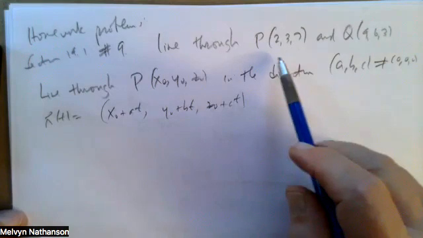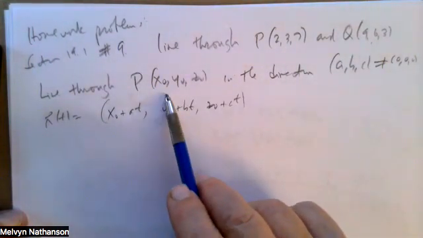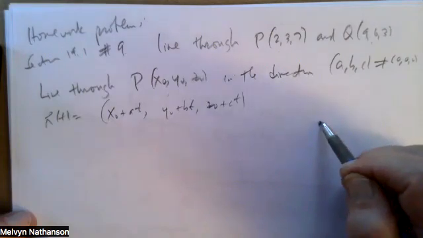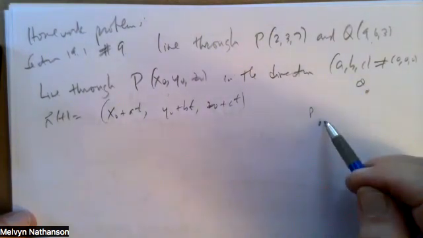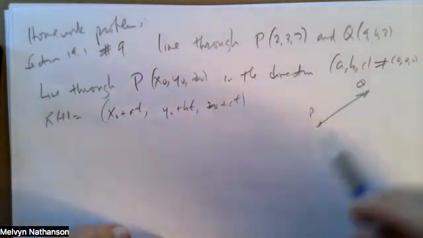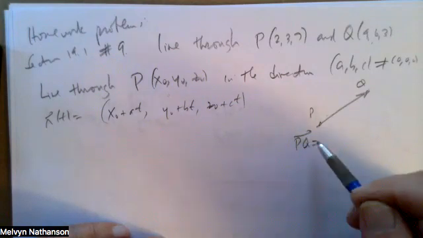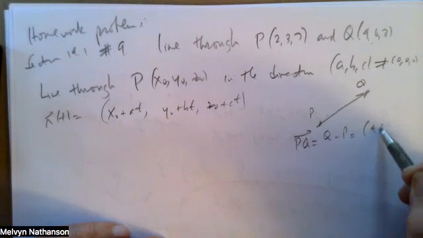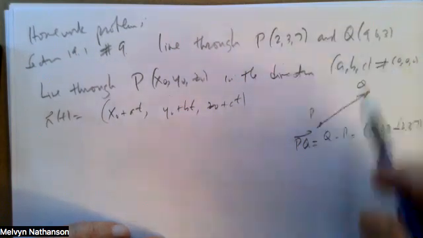Now, in this problem, we have 2 points we can choose as the point through which the line passes, but we don't have the direction. But because we have 2 points, this is the point P and this is the point Q, the line going through them is in the direction from P to Q. The vector from P to Q, it's really Q minus P. It's 4, 6, 3 minus 2, 3, 7.